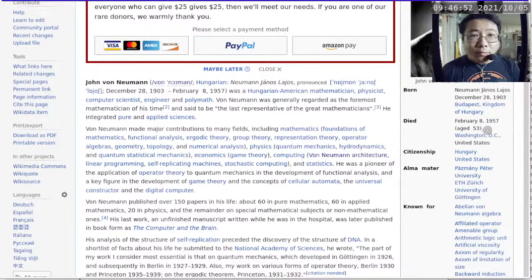He died when he was 53, and the father of computer science, Alan Turing, died before he got to 50. You can imagine, if these people had lived a little bit longer, the way we have computers today could be very dramatically different or more advanced compared to what we have now.